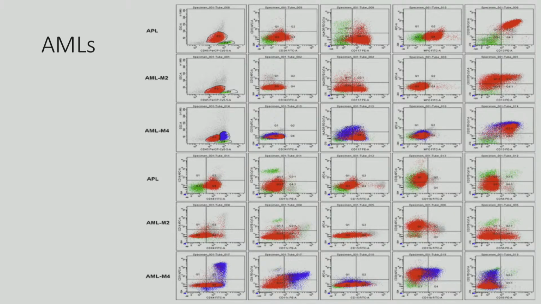CD33 will be strongly positive along with MPO, which is strongly positive, and most of the times HLA-DR and CD34 tend to be dim positive, or they can be negative also. Most of the other subtypes of acute myeloid leukemia have almost the same characteristics with subtle differences. I am not covering those details, as it will be confusing.